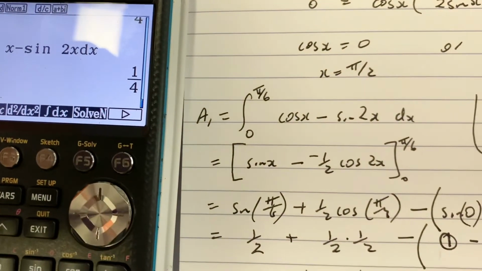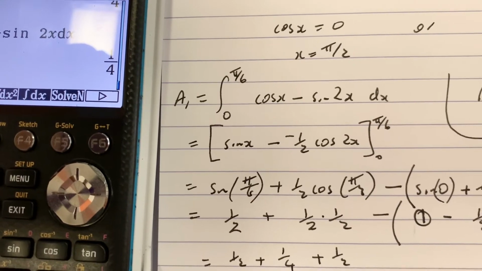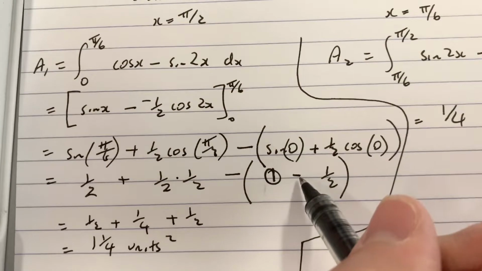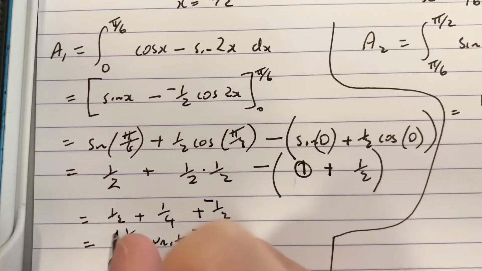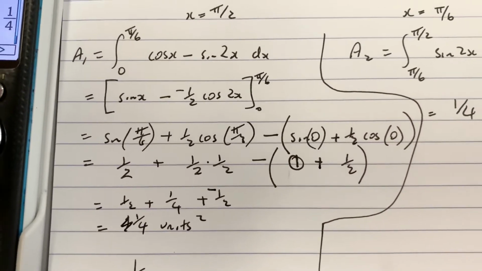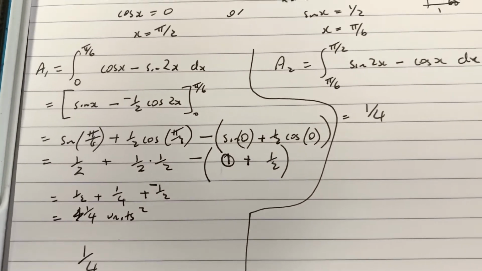I did make an error with my negative, didn't I? Oh, silly error here. This should have been a plus. So this should have been a take. This should have been a quarter. So it's very easy to make mistakes with those negatives. I'm actually going to leave that in my video so it's more realistic for you.